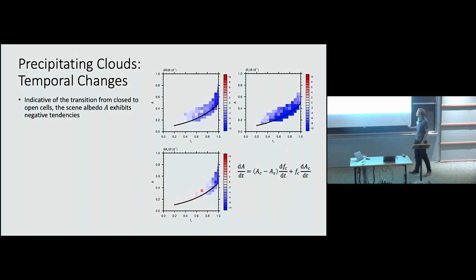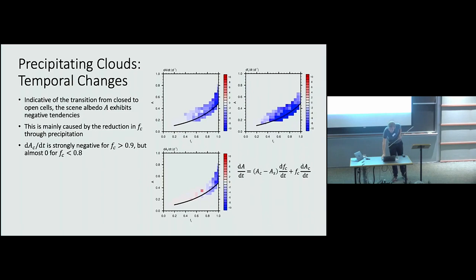What you would expect is also a strong impact on the cloud albedo, because we have strong rain, which is removing liquid water and cloud droplets, which you can see here in the cloud albedo. But the cloud albedo is only negative for values above 0.8, and it's basically 0 below that. So that was a little bit baffling, so we wanted to understand this a little better.